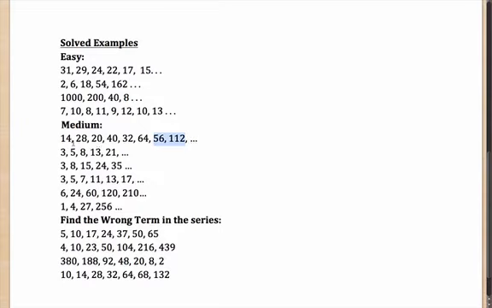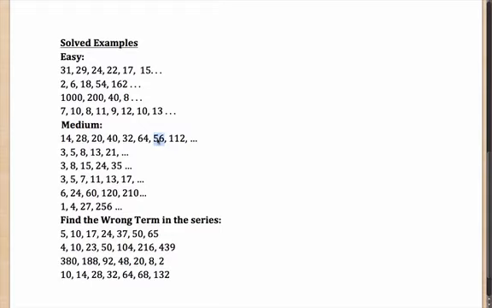What is the other pattern? 14 and 20, a rise of 6. 20 and 32, I'm looking at alternate terms now for obvious reasons because the middle terms are just double. So 14 and 20 is a rise of 6, 20 and 32 is a rise of 12, which means that if the next one is a rise of 18, I have a pattern. But 32 and 56 is a rise of 24.